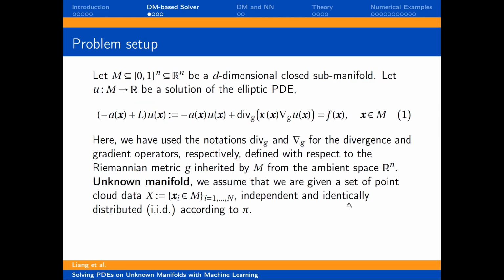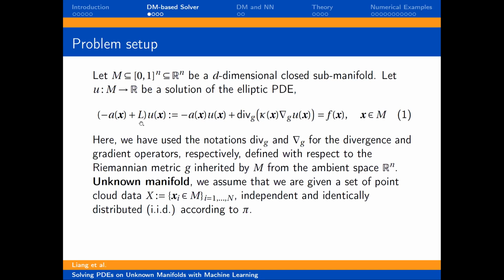Now we come to our problem setup. We consider a manifold M, a d-dimensional bounded and closed submanifold, and let u be a function on the manifold that is also a solution of an elliptic PDE. The formulation of the elliptic PDE is in equation 1.